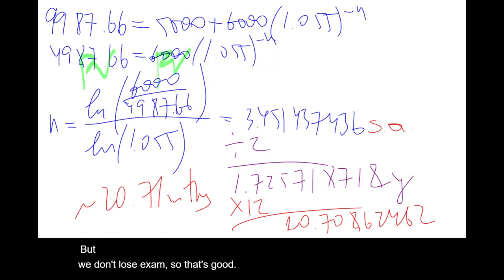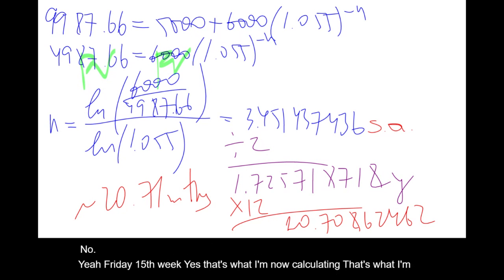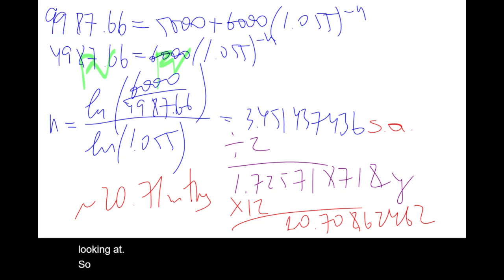So we finish the semester on the 22nd, right? That's Friday. Actually, that's your exam date. But we're going to lose Friday, April 15, because it is Good Friday, because Easter is April 17.